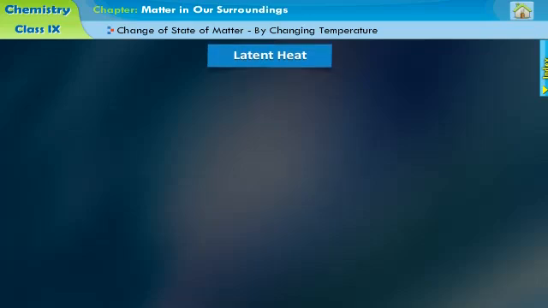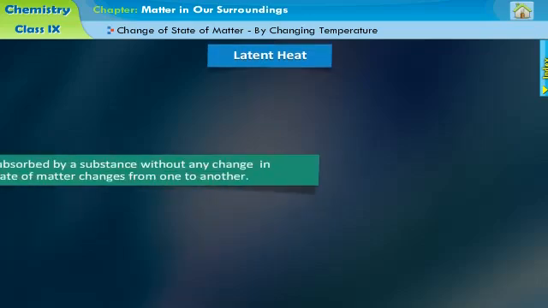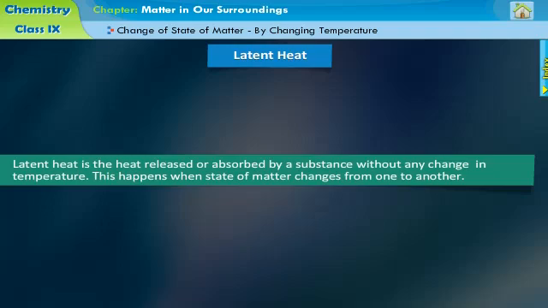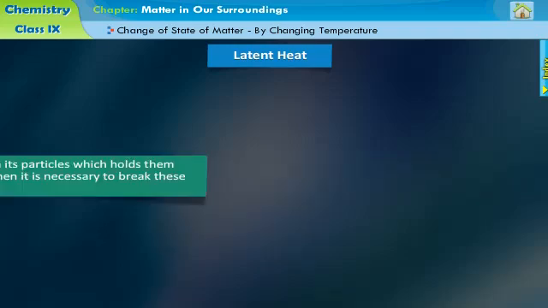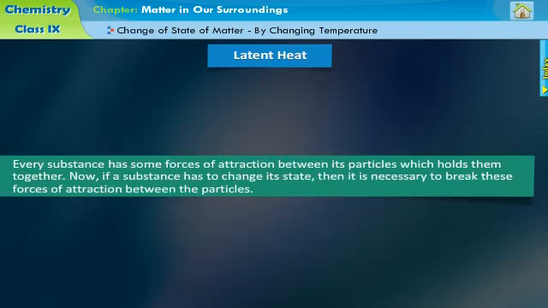Let's understand latent heat. Latent heat is the heat released or absorbed by a substance without any change in temperature. This happens when the state of matter changes from one to another. Every substance has some forces of attraction between its particles which hold them together.